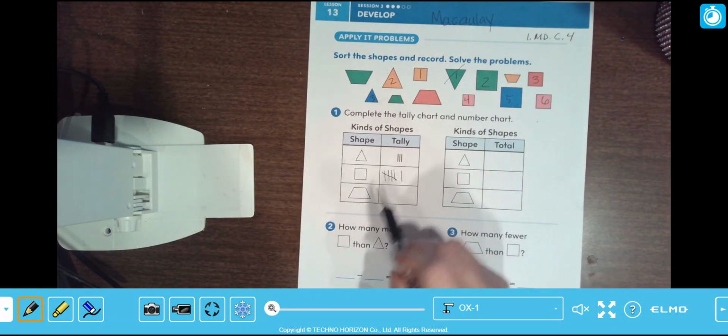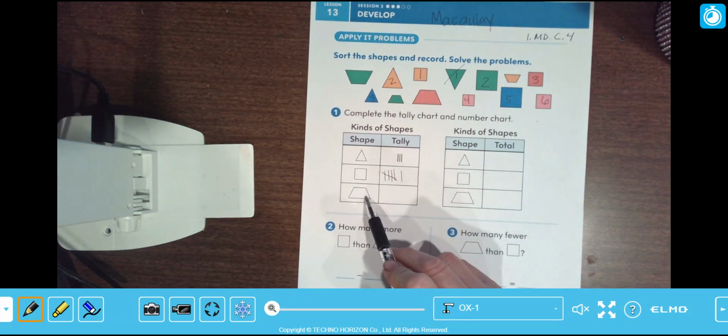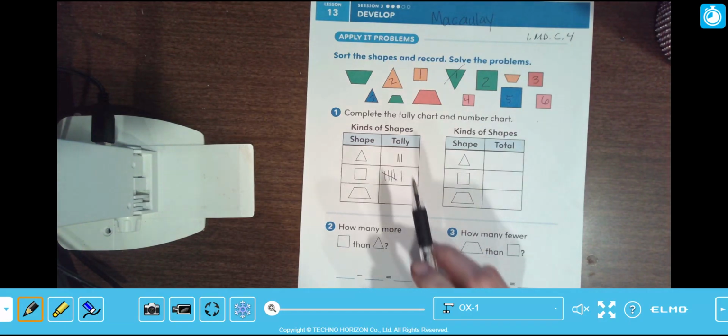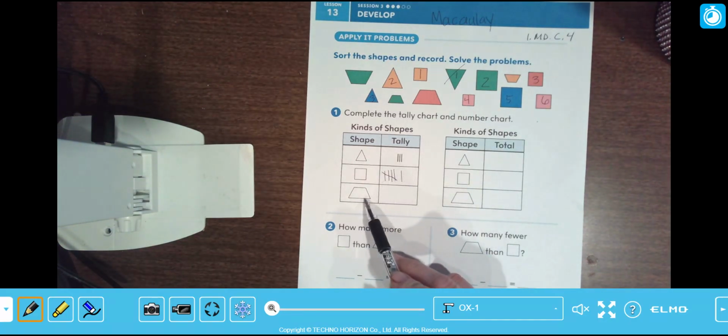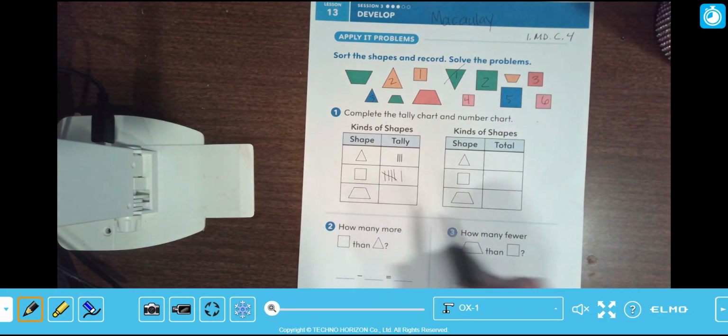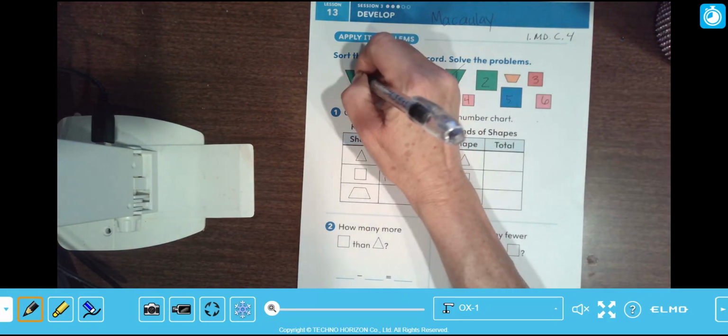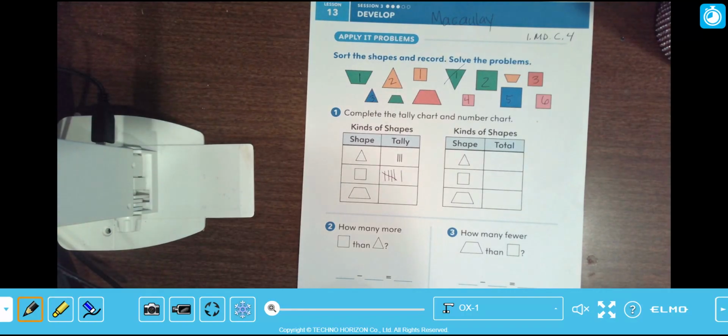Okay, you ready to do the rhombus? If you're not ready, pause the video so you can finish this. You ready to count the rhombuses? Okay. So they have 4 sides, but the top is shorter than the bottom. These are the same sides, but they're not parallel. Okay, so here's number 1 right there.